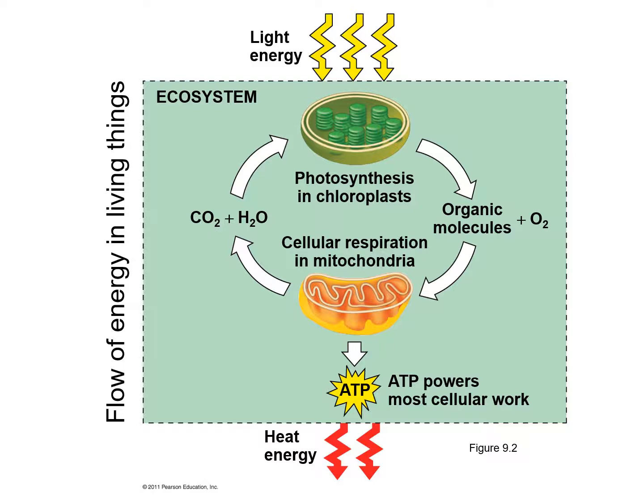It's just transformed. So I'll try not to use it, but if I slip up, understand that nothing is really getting created. It's just being recharged or transformed. So we've made ATP, and then as the ATP gets used, it will end up leaving the system as heat, and then the byproducts of breaking down these organic molecules are used to do photosynthesis. So the matter travels in a cycle, energy flows in and out.